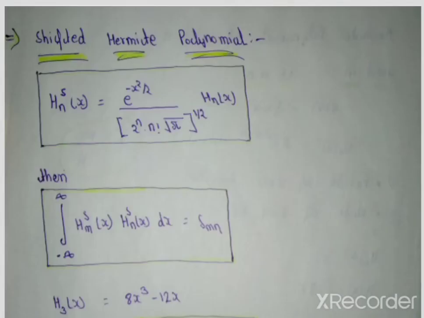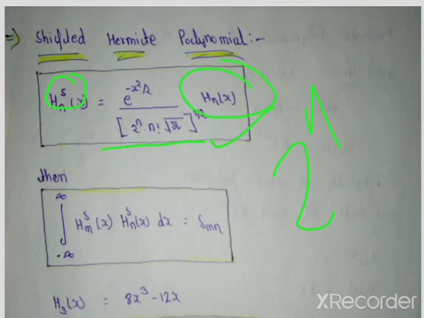Now the shifting polynomials. The shifted polynomial is denoted by upper S. It is equal to e^(-x²/2) divided by (2^n n! √π)^(1/2) times H_n(x).